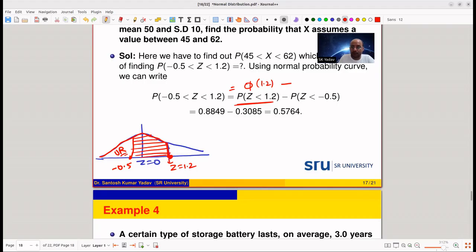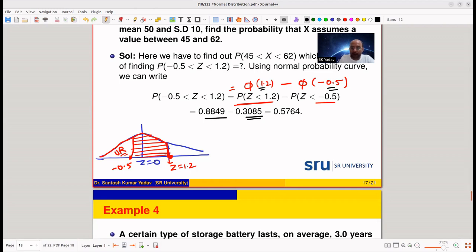So this is z less than or equal to minus 0.5, which is phi of minus 0.5. So I have to check the values of phi at z as 1.2 and phi at z as minus 0.5. These values are 0.8849 and 0.3085.